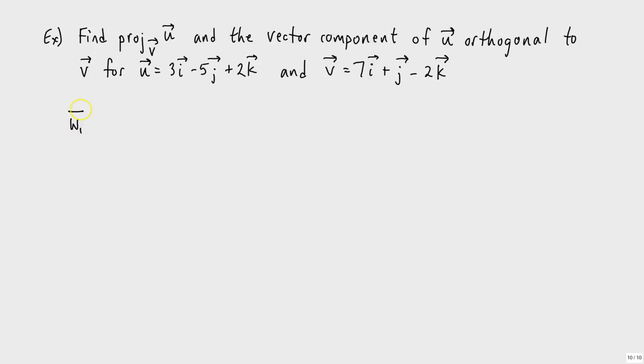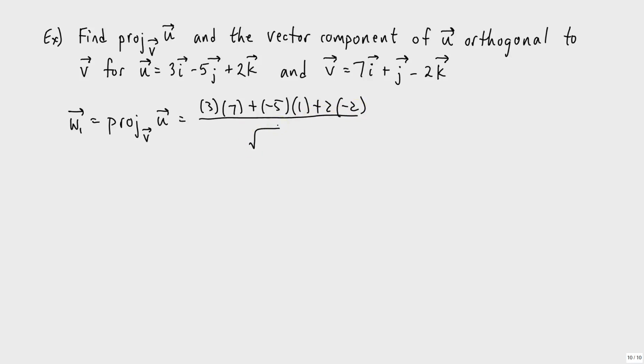So W1, which we were calling the projection, is the dot product of u and v divided by the square of the magnitude of v. So that's 49 plus 1 is 50, plus 4 is 54. But we square that. So we take that times vector v, so times 7.